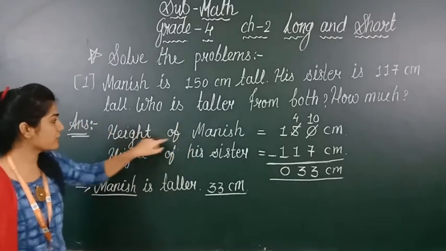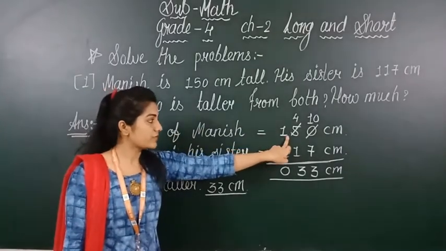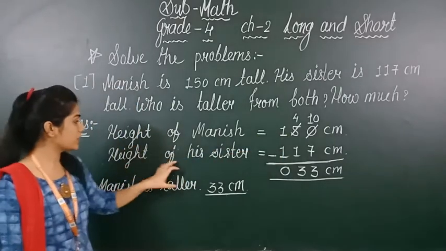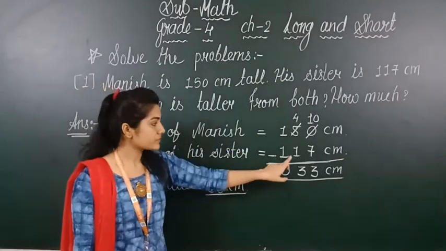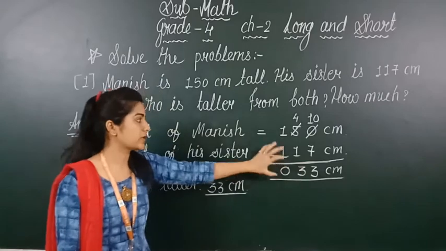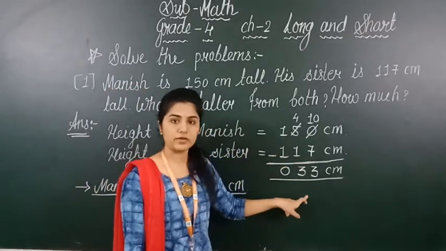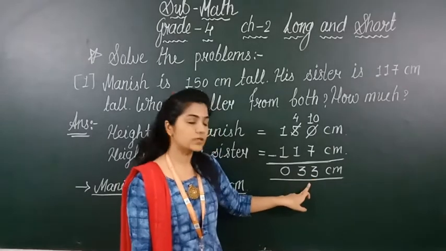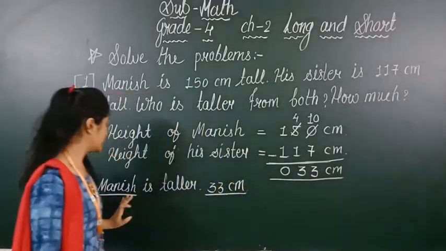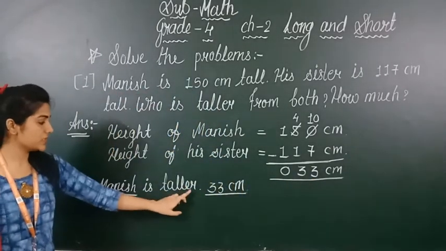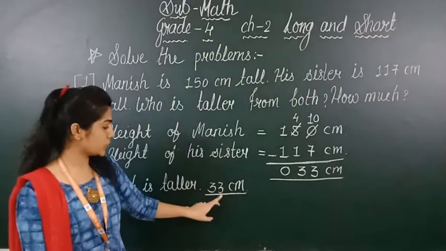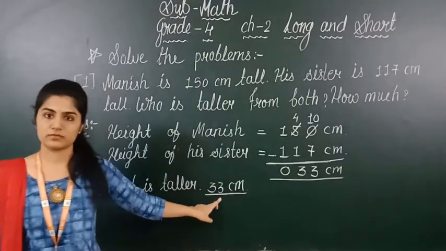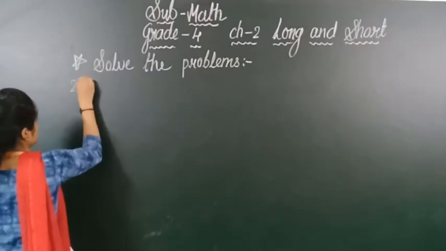And we need to do subtraction here to find the difference. So we have got our final answer 33 centimeter. And our final answer is Manish is taller and how much? So 33 centimeter.